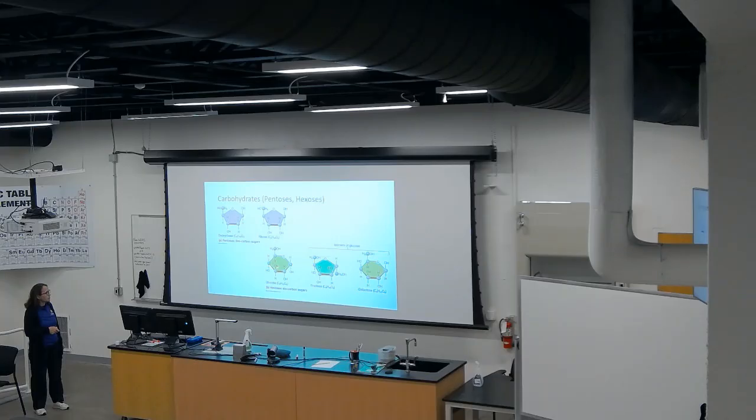So here we have hexoses, 6 carbon sugars. This is the formula, C6H12O6. Basically, for every carbon and oxygen, you have double the amount of hydrogens.